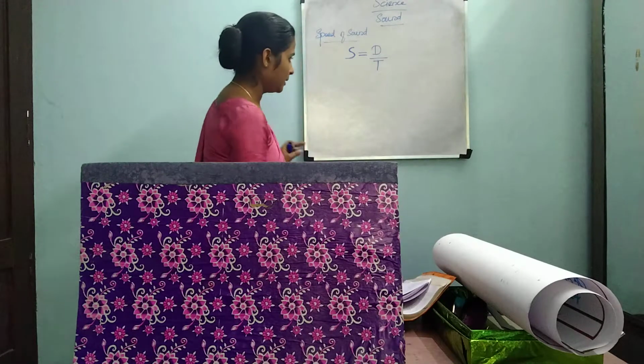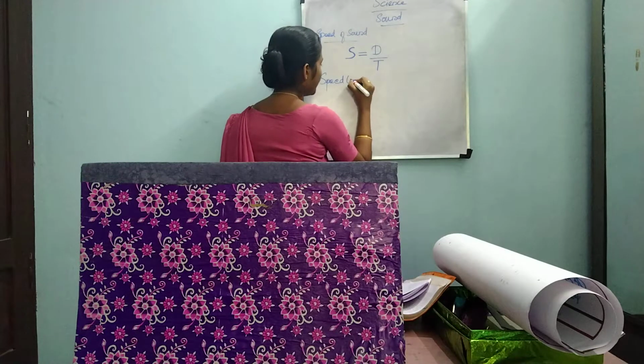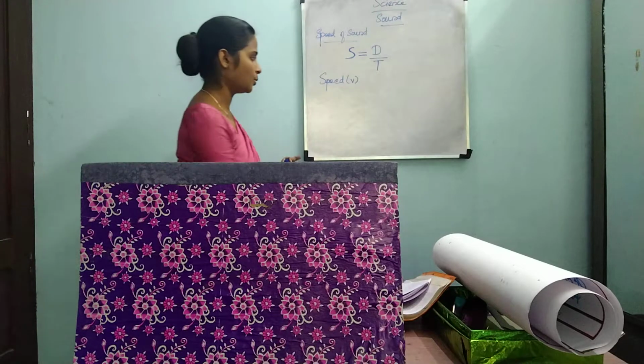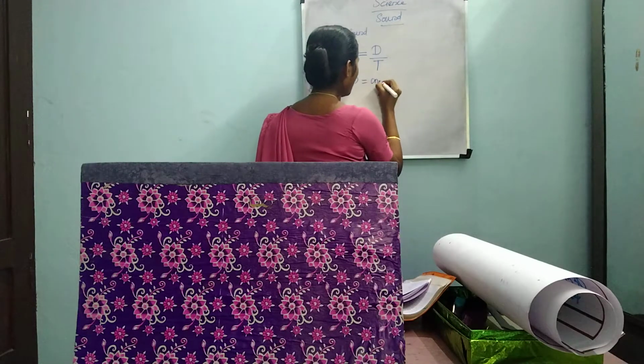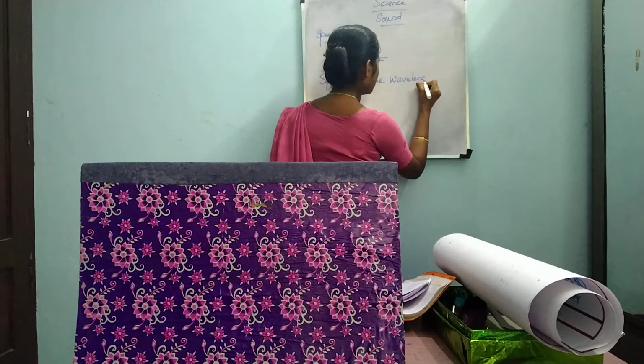So the formula will be: speed, denoted as capital V, is equal to one wavelength.